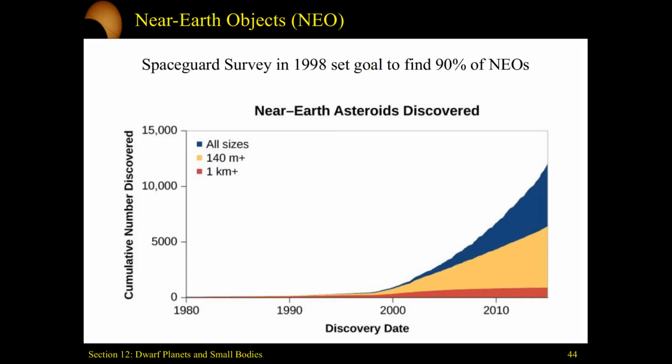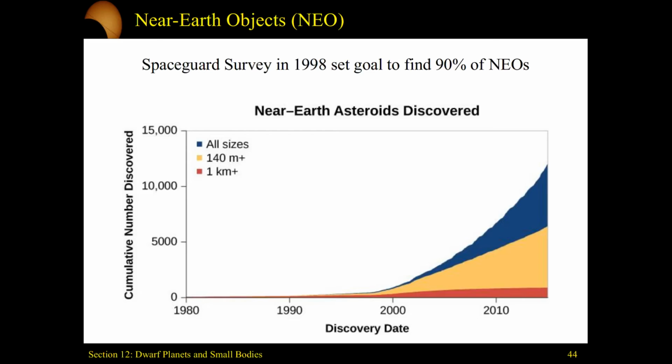And so what you're looking at is a plot of the dates that they're finding these things, and they've been broken up into two categories. The red ones being the kilometer-wide objects. These are the world-ending collisions if they ever hit us. And the other category is basically anything that's 140 meters or greater.